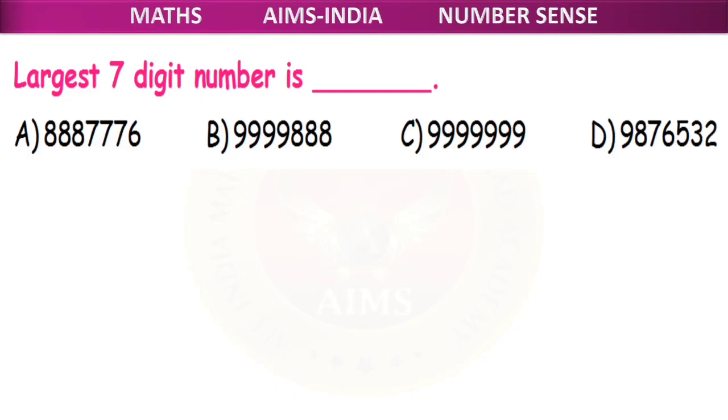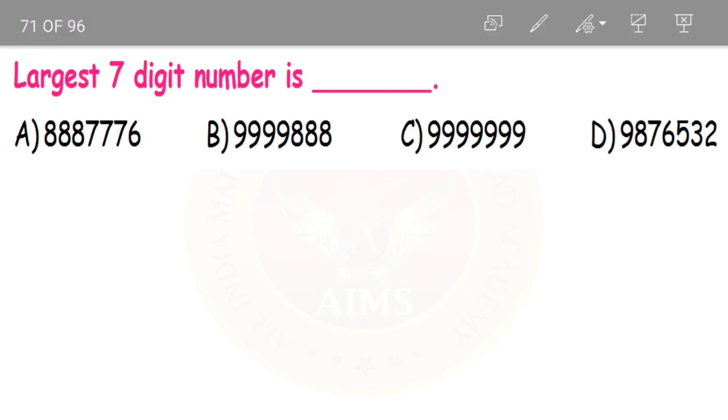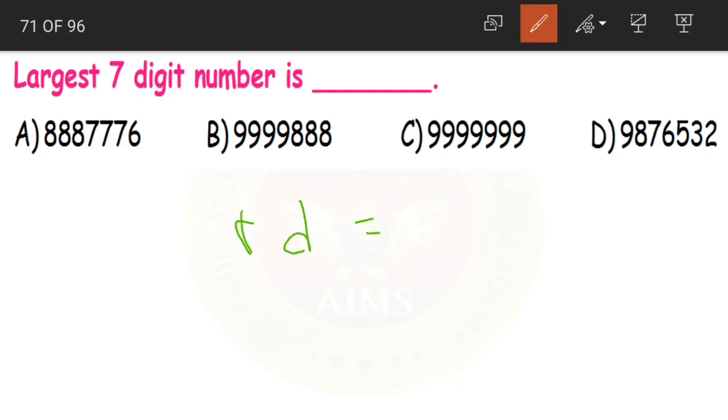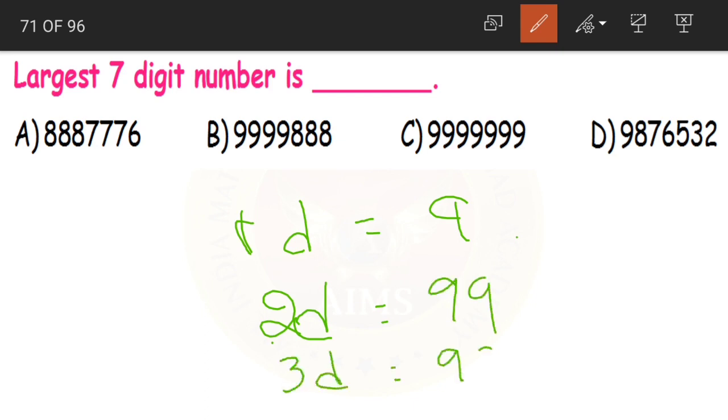Next question. The largest 7-digit number is dash. What do we know about the largest numbers? The largest 1-digit number is 9. The largest 2-digit number will have two 9s. The largest 3-digit number will have three 9s.